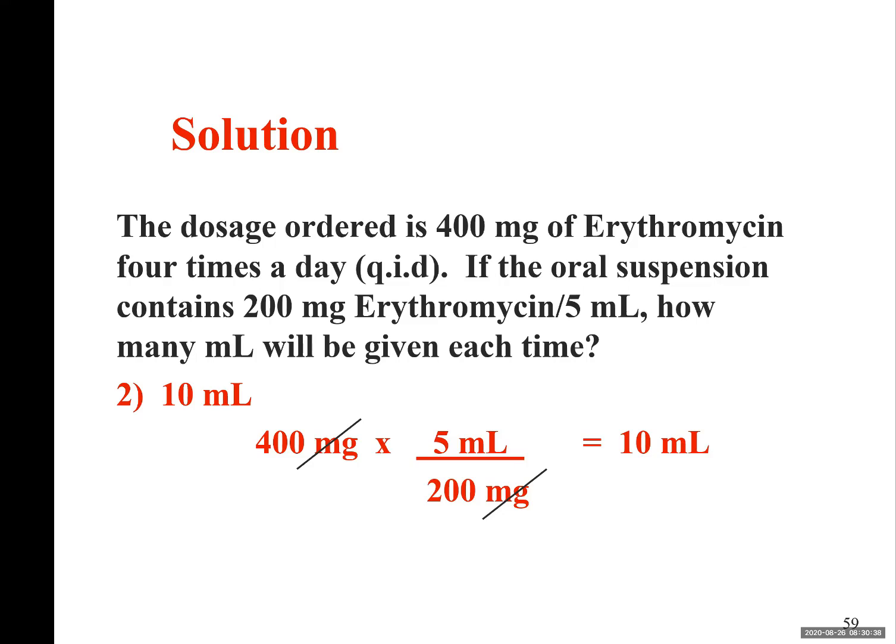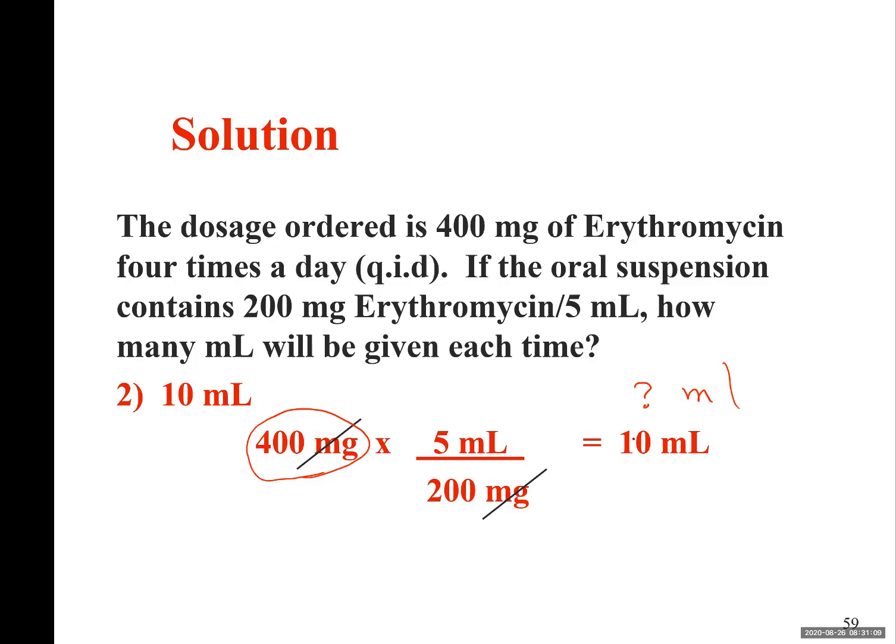So we said there is 400 milligrams of erythromycin. So I write that as the information given by the problem. That's where we are starting. And the question is asking how many ml. I write that all the way on the right hand side.